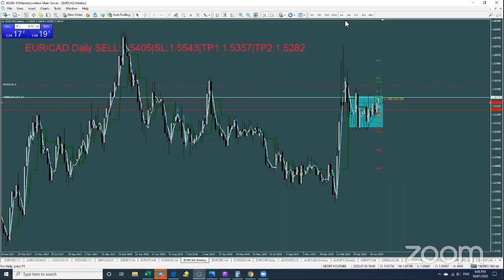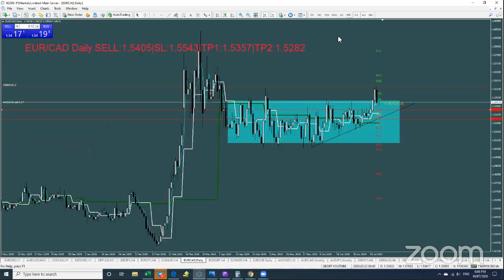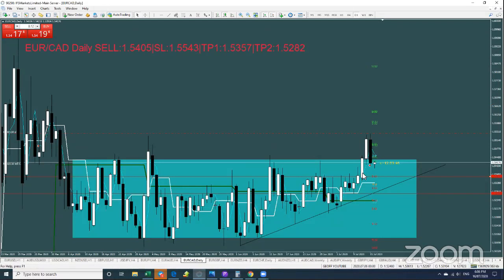EuroCAD is just out of the money here by the look of it. We're trading that on a daily chart. Yeah, it's kind of been there pretty much the day, hasn't it? Hasn't done too much. I've got no reason to think this can't do what I'm suggesting it will, and that is obviously go and take our first take profit, number one, but get down to here as well.